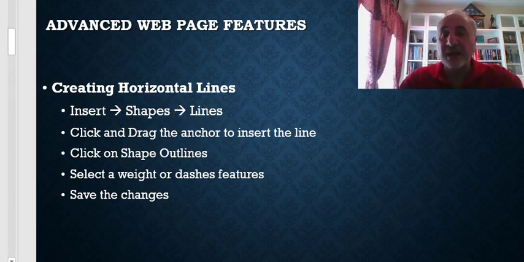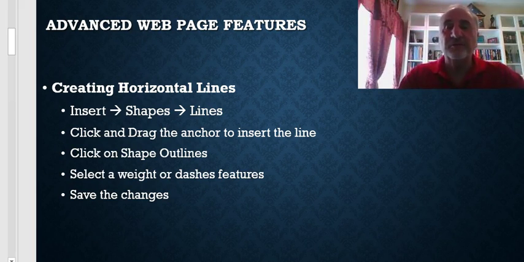Click and drag the anchor to insert the line, and then click on Shape Outlines to add effects such as giving your lines color. You can also select a weight or dashes feature if you'd like to personalize the line a little bit more. And then again, at the end of each change that you're making, go ahead and save your new web files.